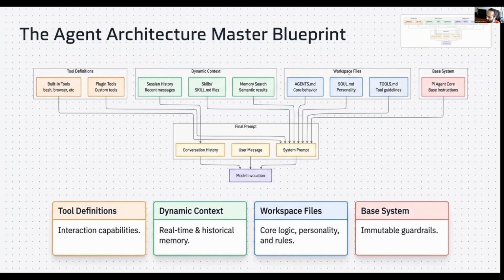There are the workspace files that contain the agent's core behavior, its soul, and guidelines related to the use of the available tools. And these are related to the current workspace. I'm talking about the current workspace because we can have many workspaces consumed by different agents.